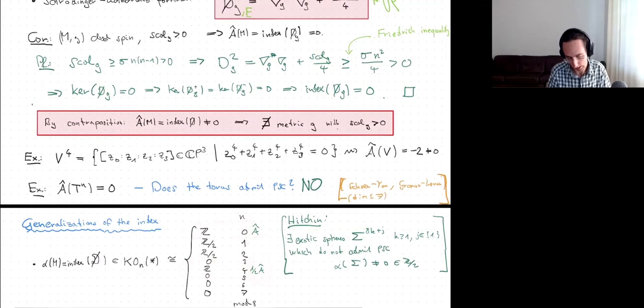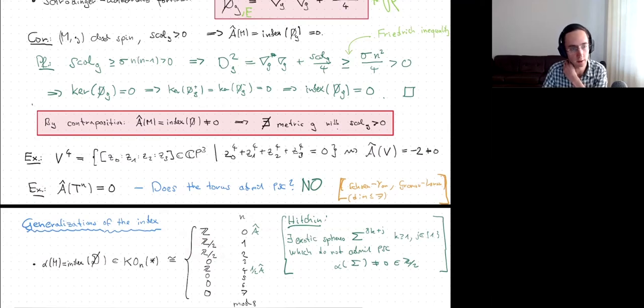But there are interestingly two additional non-trivial cases, that is, dimension congruent to 1 and congruent to 2 modulo 8. Here you have a Z/2 invariant, and this is a subtle invariant.